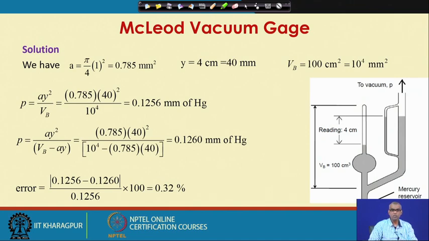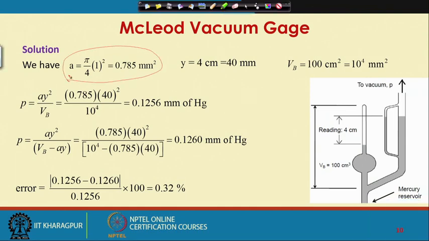Calculate the cross sectional area of the capillary tube from the given diameter, making use of the pi d square by 4 relationship, and you get A as 0.785 millimeter square. y is given as 4 centimeter, so 4 millimeter.